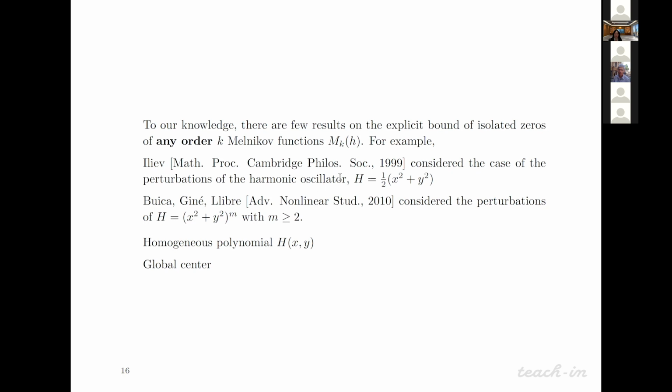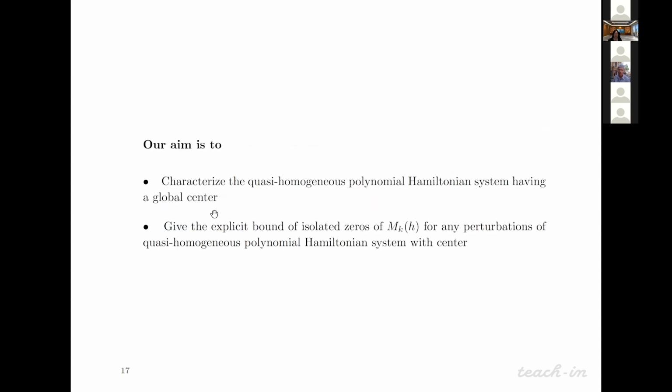So this is also a homogeneous polynomial, and this center is a global center. So our question is how to characterize when a quasi-homogeneous polynomial Hamiltonian system has a global center.